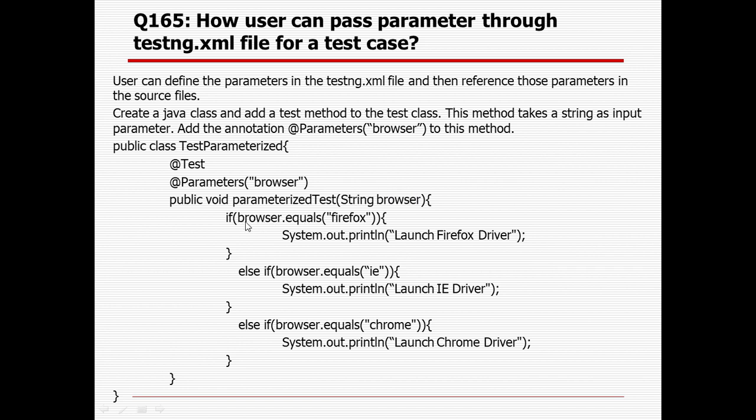I am giving the condition: if the browser is equal to Firefox, it will launch the Firefox driver. Else if the browser is equal to IE, it will launch IE. And else if it is equal to Chrome, it will launch Chrome. That is how you can pass the parameter with the help of @Parameters, and I use it with the different if-else conditions. If it matches anything, it will print the correct value, or perform a different operation based on the matching parameter.